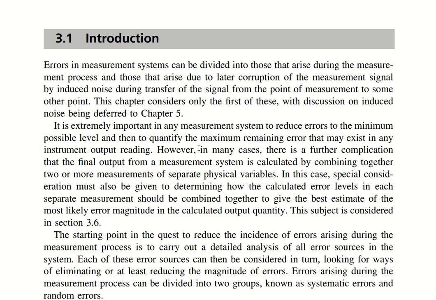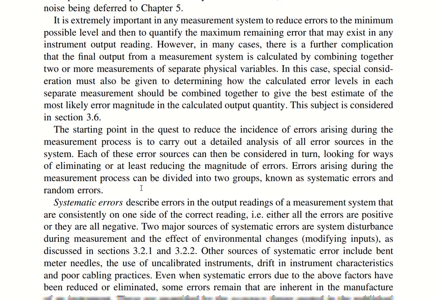Each of these error sources can be considered in turn, looking for different ways of elimination or at least reducing the magnitude of that error. These errors which arise because of the measurement process can be divided into two groups: systematic and random errors. Now we are going to see both of them in detail.